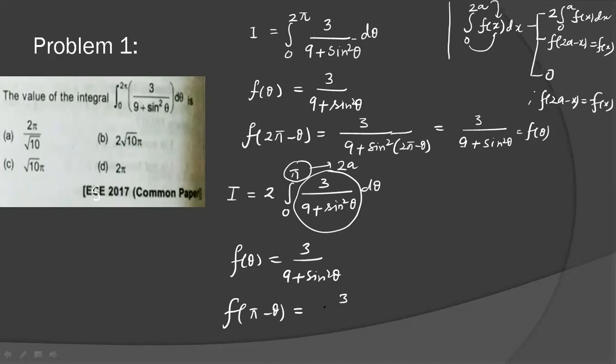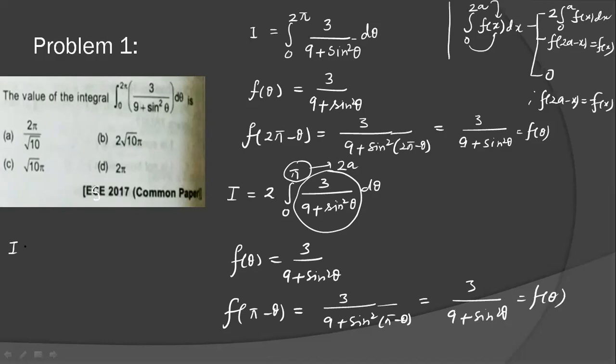So it will be 3 over 9 plus sine square of pi minus theta. Sine of 180 minus theta is sine theta. So it is again 3 over 9 plus sine square theta, equal to f of theta. Means this integral can now be written as 2 into 2 into the integral from 0 to pi by 2. We will break the limit in half. Pi broken in half means pi by 2. 3 over 9 plus sine square theta d theta.